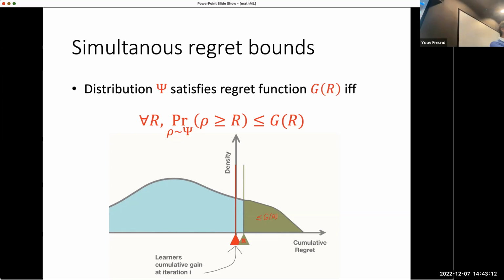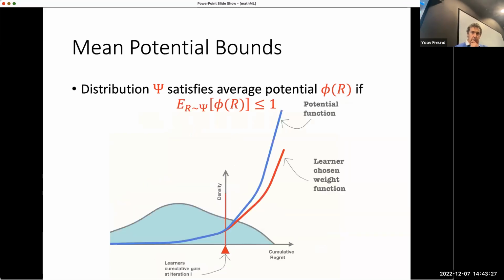Okay, so why did I come up with this? Because using potentials has been done in machine learning for online learning for a long time. And I was working with potentials and people were saying, but we don't care about potentials, we care about regret. So then here's what I found. Let's think about something completely different, which is a mean potential bound. So we have the same state, the same distribution over regrets, but we have a potential function.